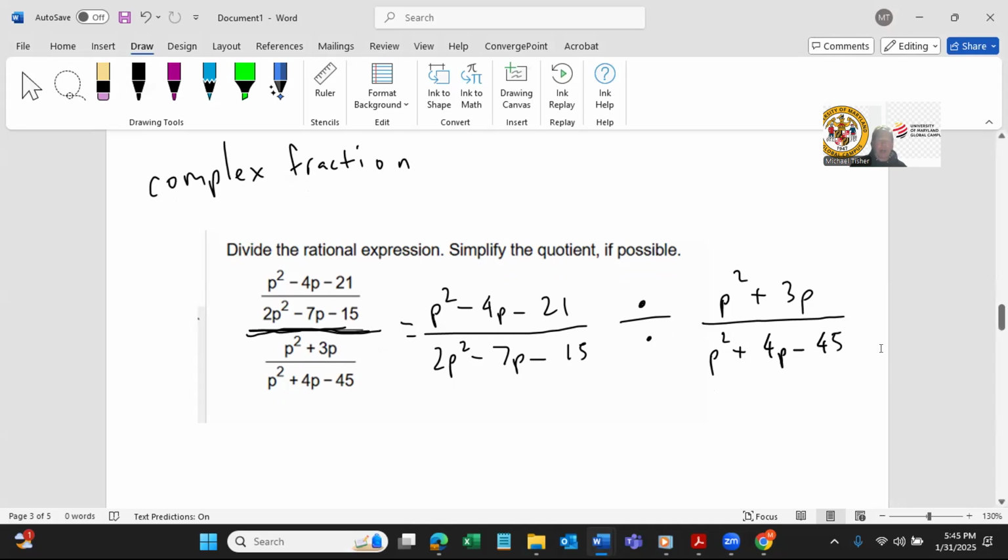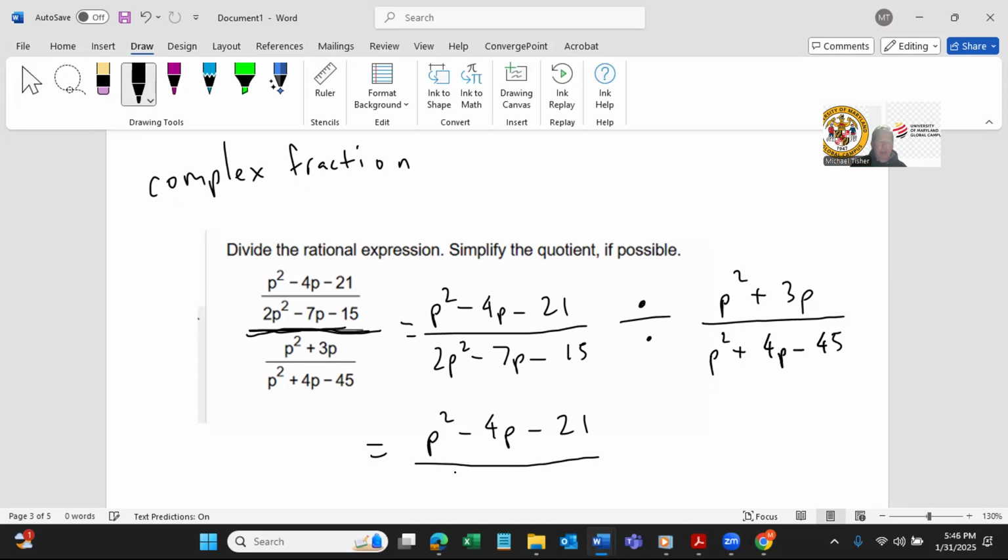All right, now to divide two fractions, we multiply by its reciprocal. So to do that, we're going to copy down the first fraction just as it is. So p squared minus 4p minus 21 all over 2p squared minus 7p minus 15, and then times.